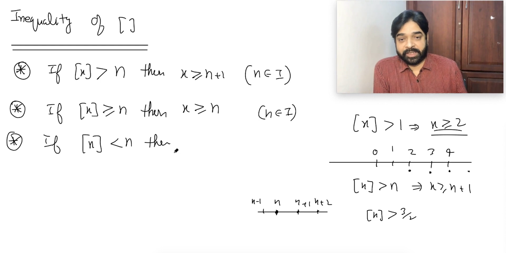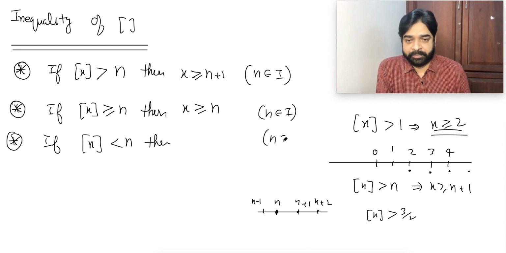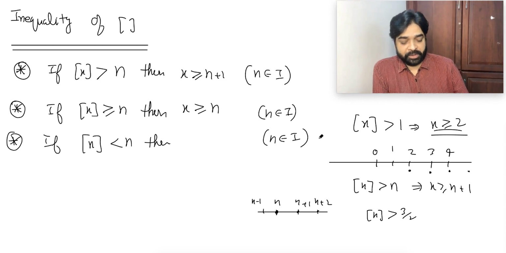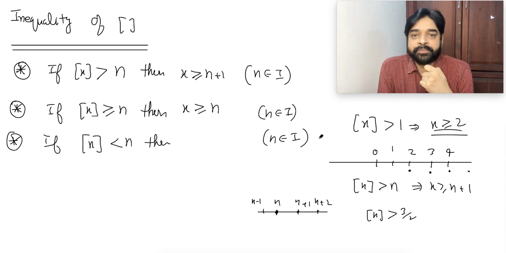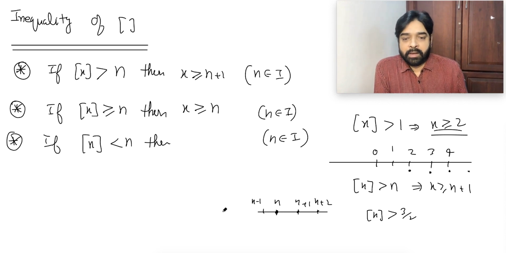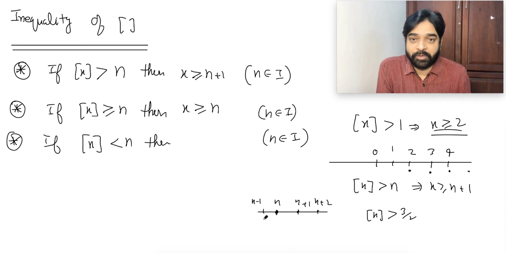Of course, n belongs to integers. Greatest integer of x less than n means what is the first value the greatest integer of x can take? n minus 1, n minus 2, n minus 3 and so on.